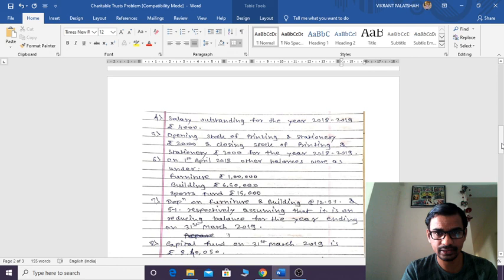The total of the credit side is 2,21,950, and if we deduct the expenditure side from that, we get the surplus. To surplus, carry it down. The amount of the surplus is 25,450.